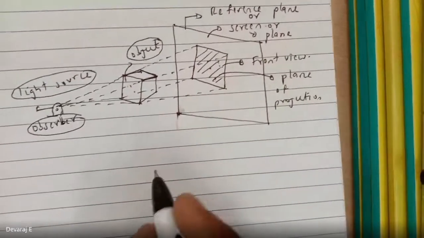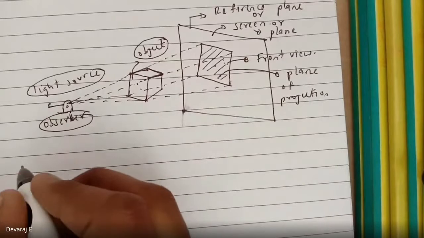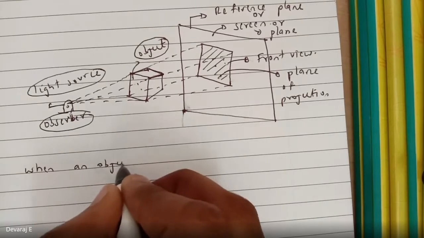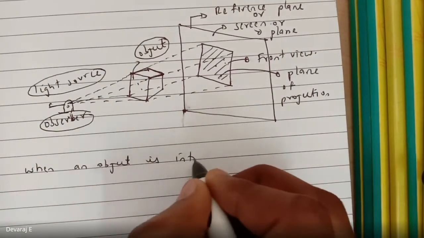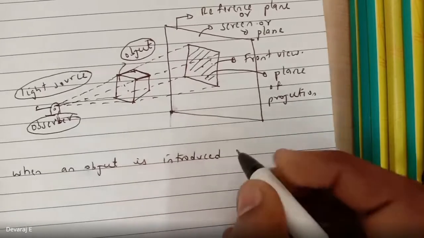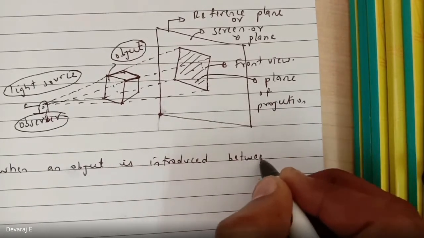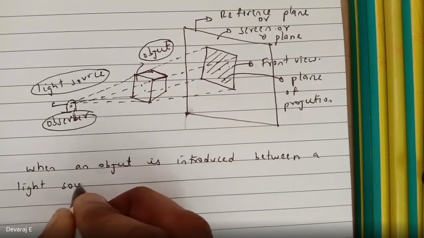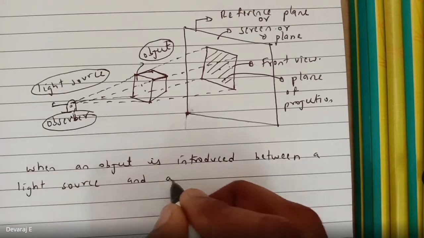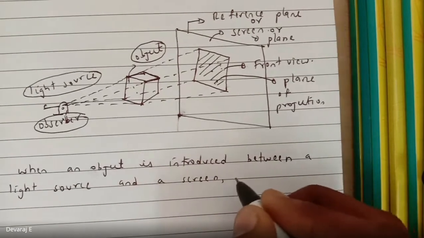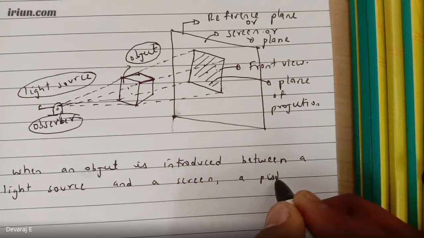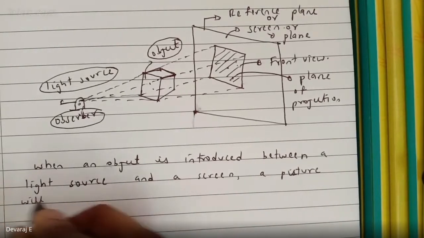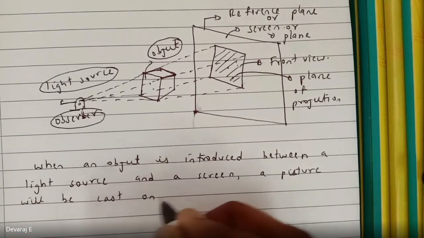So when you want to define this statement, it's very simple here. When an object is introduced between a light source and a screen, a picture will be cast on the screen.